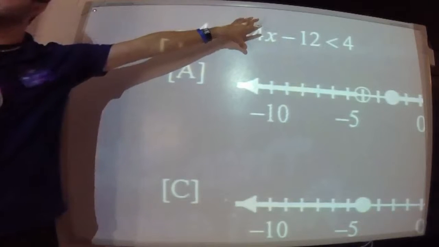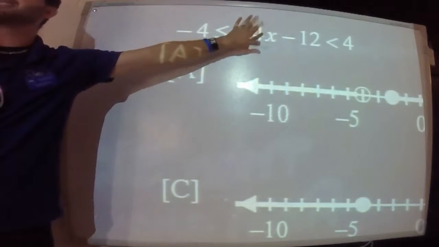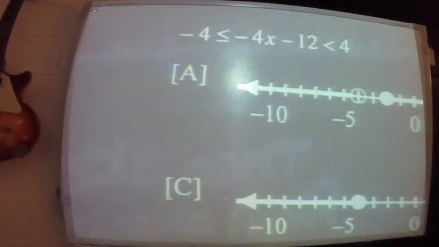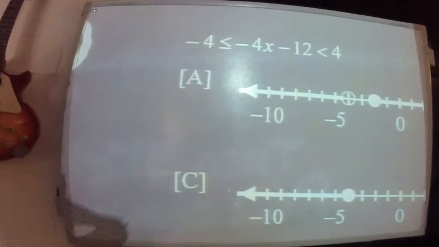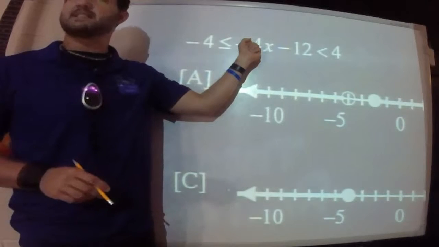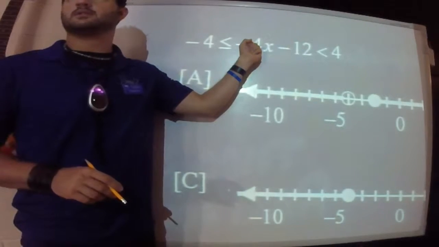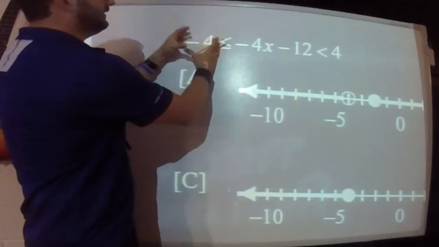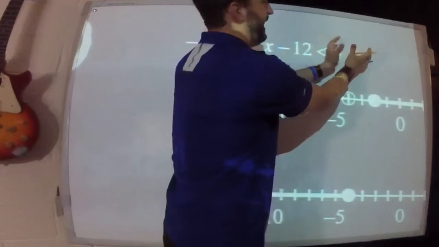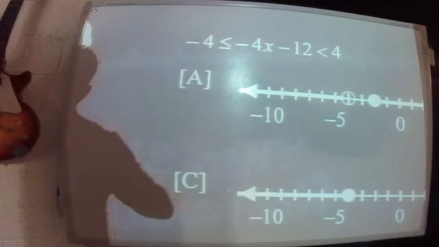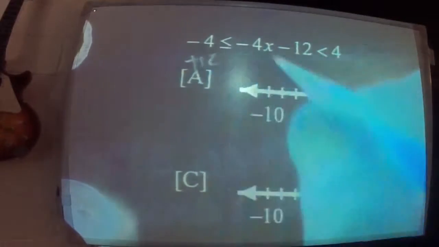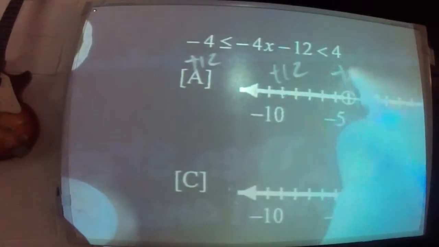It's unfortunate, this makes it ugly, but that's going to happen when there is a negative coefficient on x. But before you even do that, you should add something everywhere. I want to get x by itself in the middle. Do you even add it to the -12? Yeah. Add 12 here, add 12 here, add 12 here. Instead of having a left and right side like normal, now you have a left and a middle and a right. So you have to add 12 to the left, add 12 to the middle, add 12 to the right.